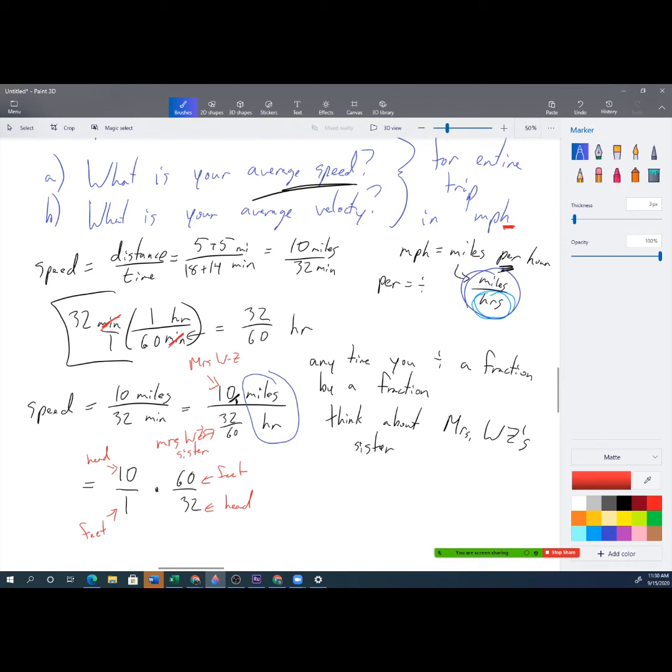Okay, so I'm going to bring this up anytime we're dividing a fraction by a fraction. Because it's just a good mathematical practice, because from this point, through the rest of the time you do math in your life, at least through college, you're going to be doing a lot of fractions.